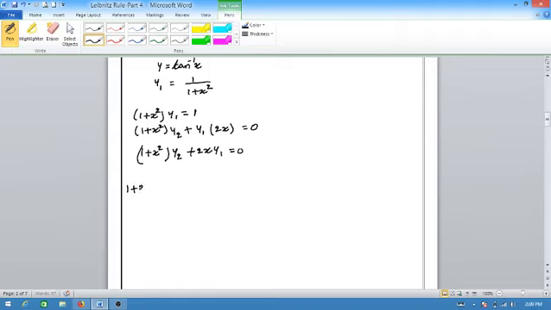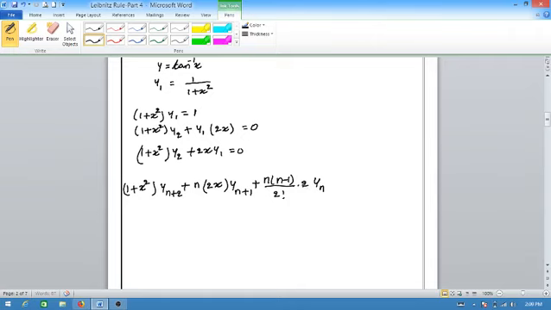So the first function, 1 plus x square, as it is, nth derivative of y2 is y(n plus 2), plus nC1, that is n, differentiation of 1 plus x square is 2x, the (n minus 1)th derivative of y2 is y(n plus 1), plus nC2, that is n into (n minus 1) divided by 2 factorial, into differentiation of 2x which is 2, then the (n minus 2)th derivative of y2 is yn.